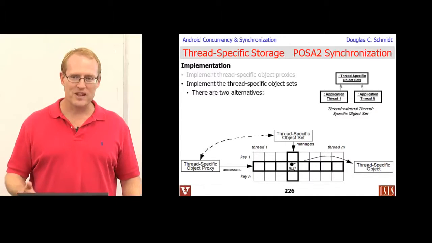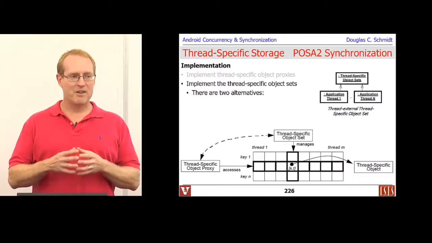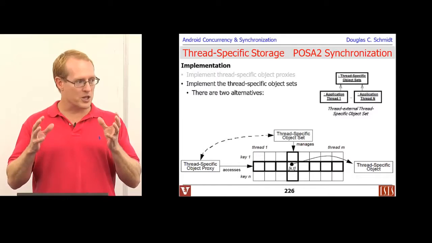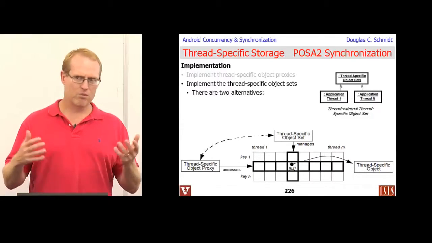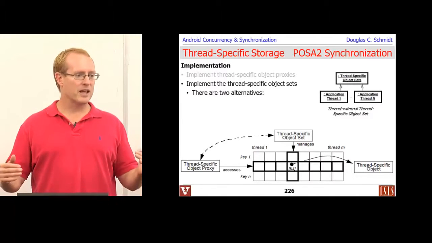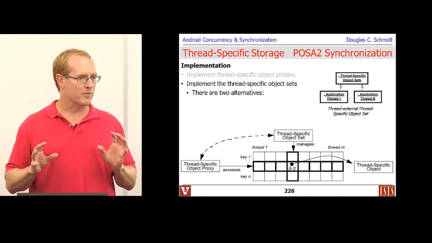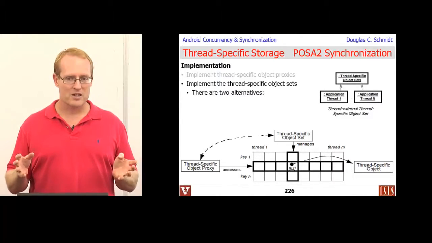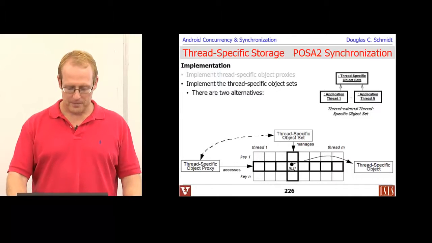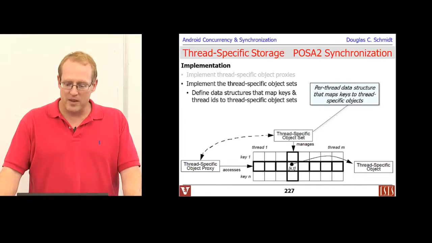Other implementations of things like Windows have really goofy thread-specific storage, where you only get a very small number of thread-specific storage objects per thread, like 32 or 64, some small number. So in those environments, you may have to emulate this. In that case, you would have some kind of data structure, and then you would mediate access to it. This is obviously less desirable, though, because you end up with some locking overhead.